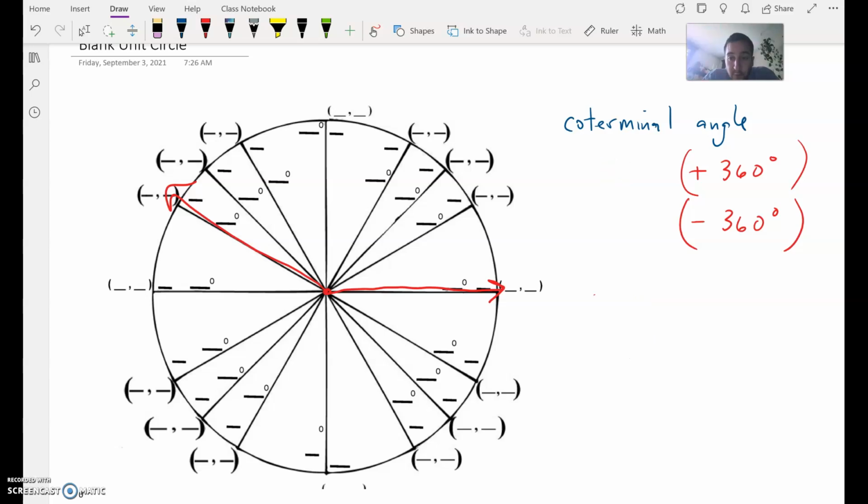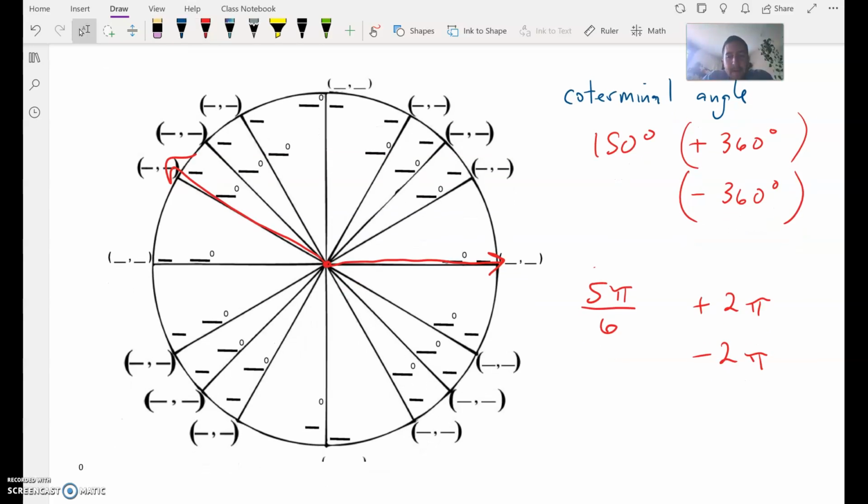But what if I give it to you in radians? So that was 150. What's 150 in radians? That's 5 pi over 6. How would I give a coterminal in radians? Well, instead of adding 360, we add or subtract 2 pi, which is one full spin. So you'd have to work with some fractions and you do 5 pi over 6 plus 2 pi, which in order to add those, we need to put the 2 pi in terms of 6, something over 6, which would be 12 pi over 6.